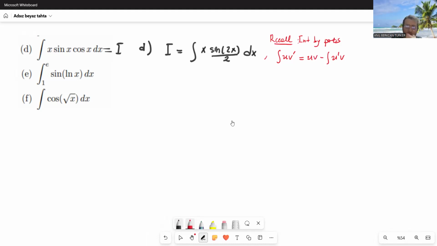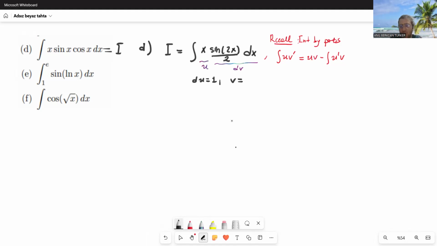Now let's apply this integration by parts technique. I'm just going to call this part u, and let's call this part dv. So du is 1.